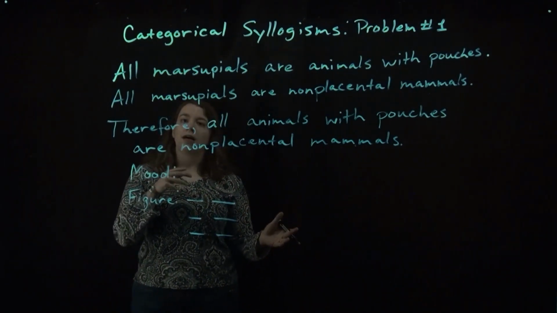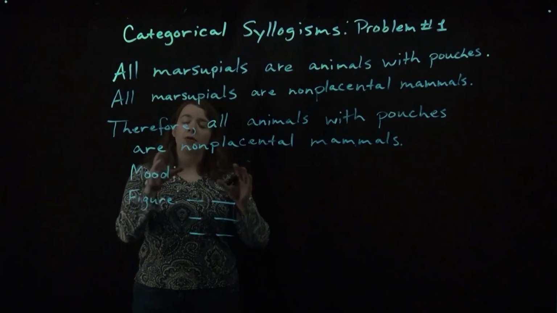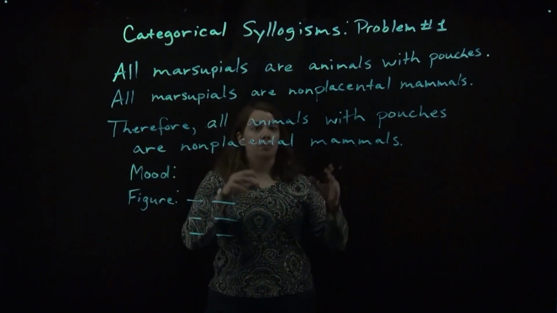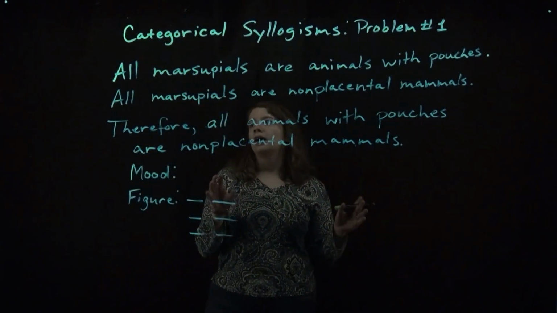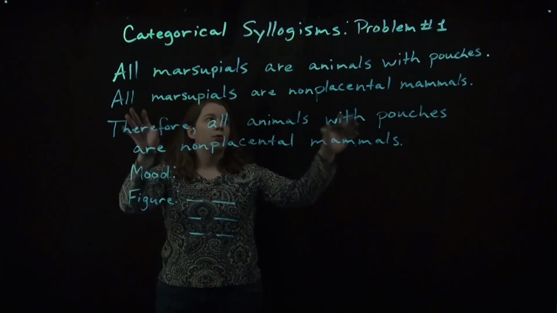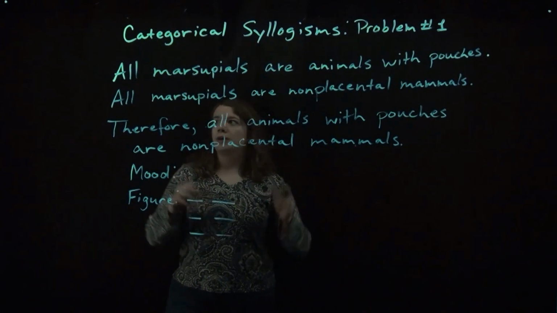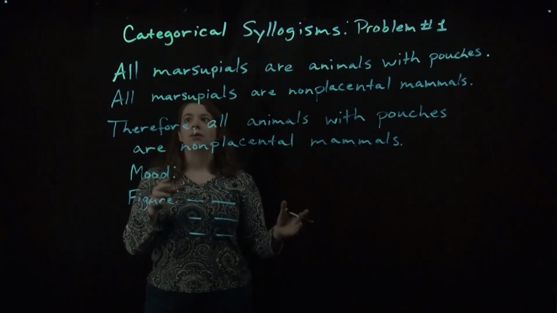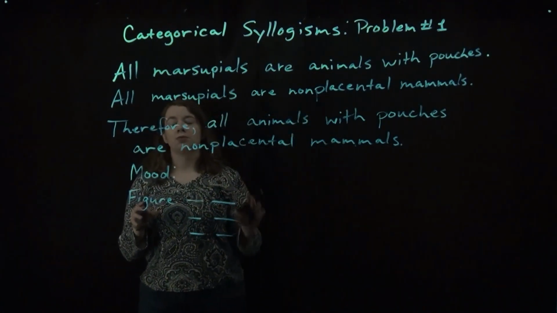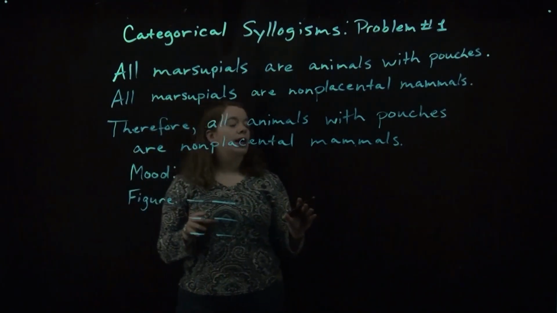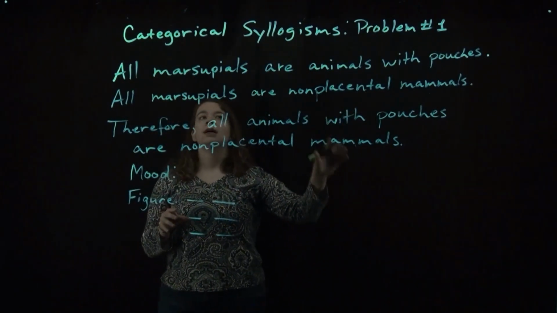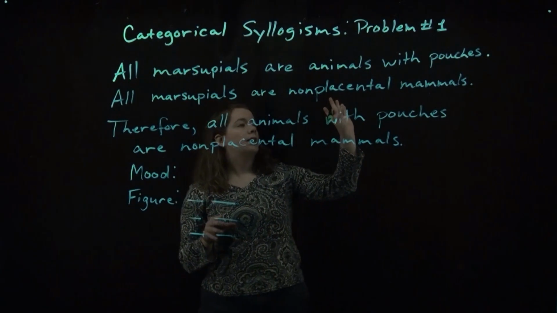So again, categorical syllogisms are ways in which we determine the validity of certain categorical propositions that are being placed together. I've given you this example that involves these different forms of categorical propositions, and we're going to try to determine the validity of this problem.